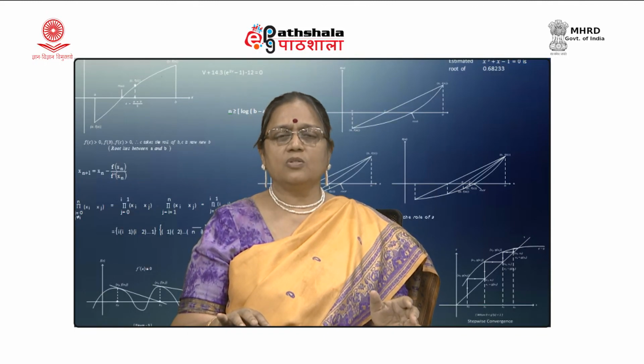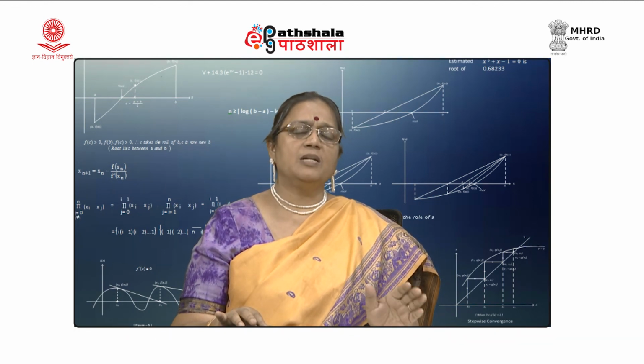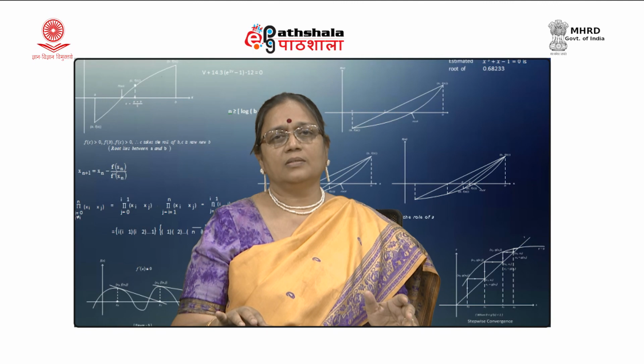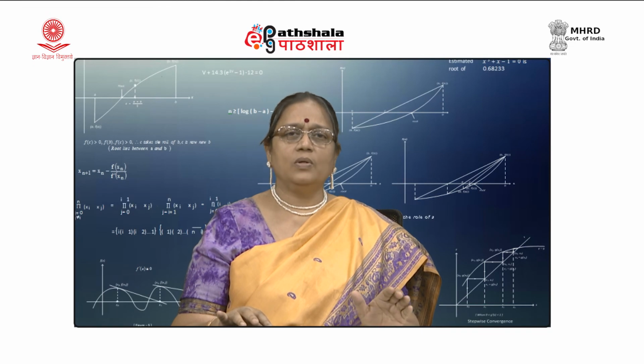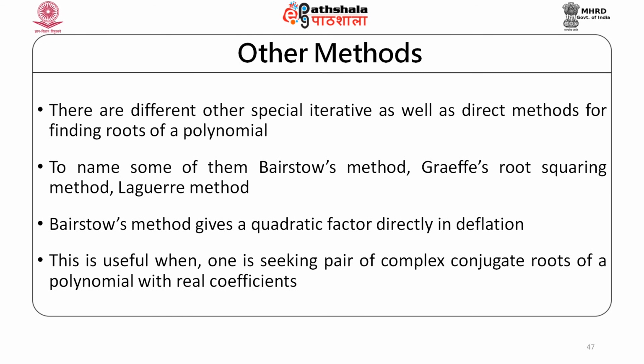So, Bairstow's method is also employed in this case, and it is especially beneficial when the polynomial has complex roots, and even Muller's method is there, which is also used for determining complex roots. So, these are the many different special methods which are applicable to polynomials, and even the Newton-Raphson method can be used to find complex roots.